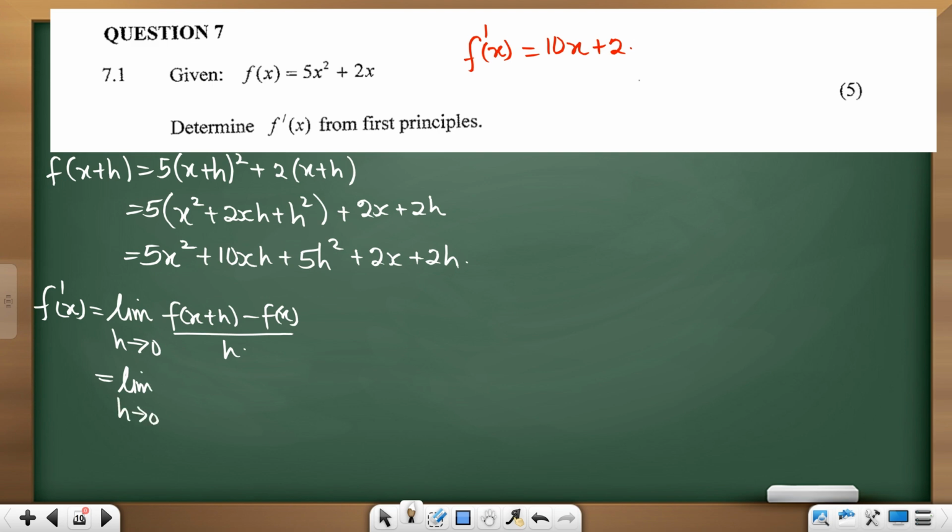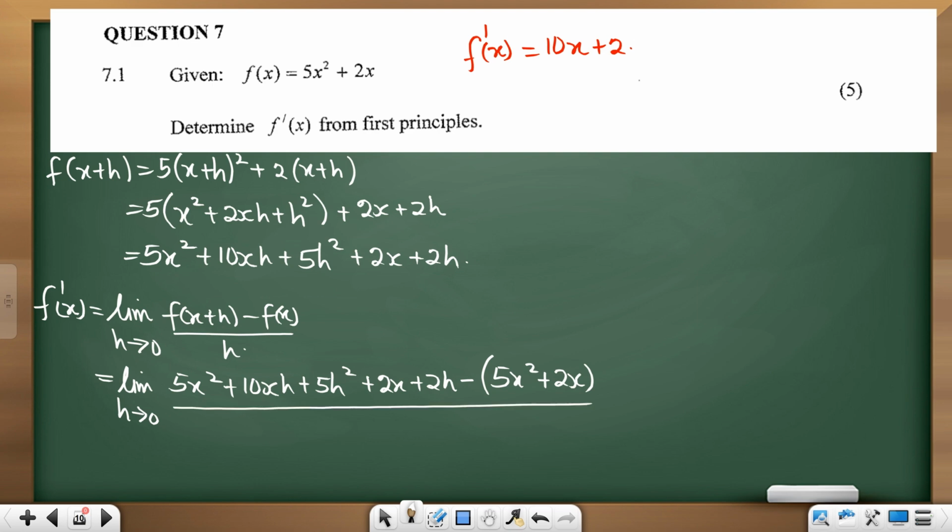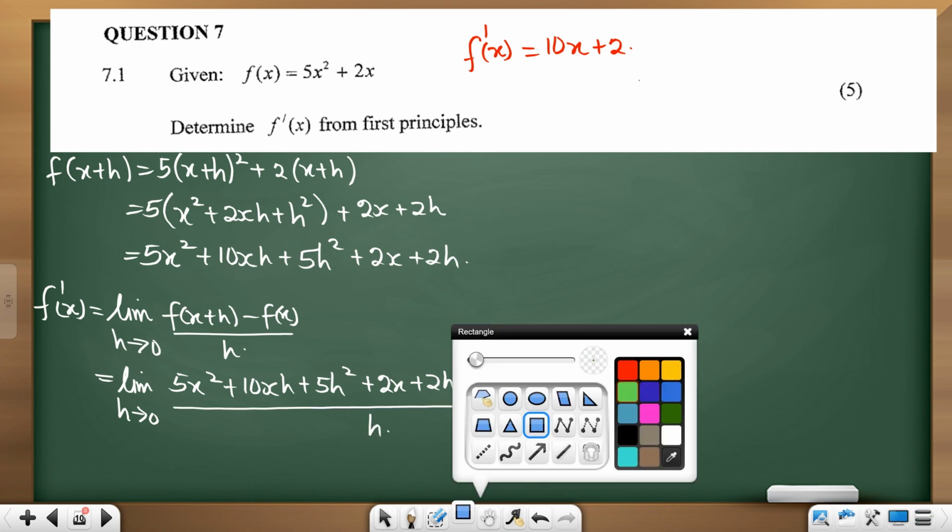Now, what is f of x plus h? 5x squared plus 10xh plus 5h squared plus 2x plus 2h minus, what is f of x? 5x squared plus 2x, everything divided by what? H. All right.